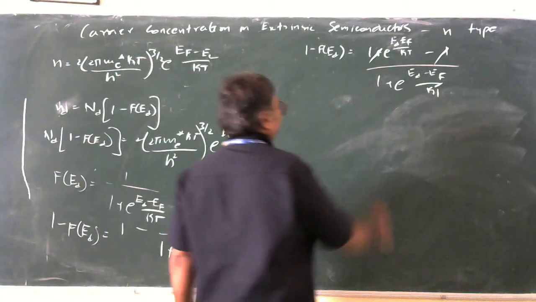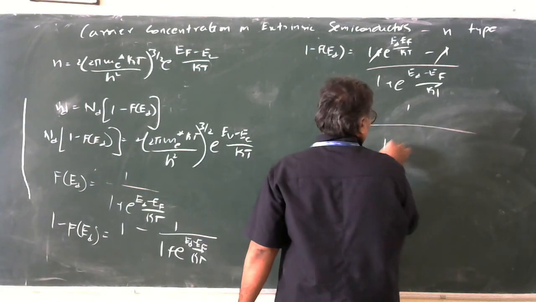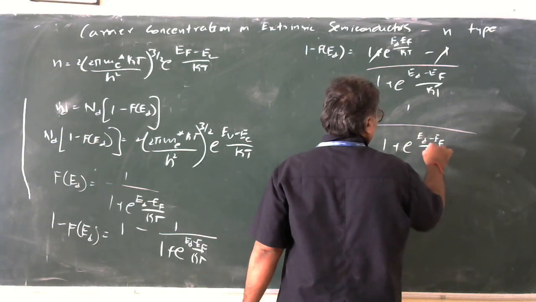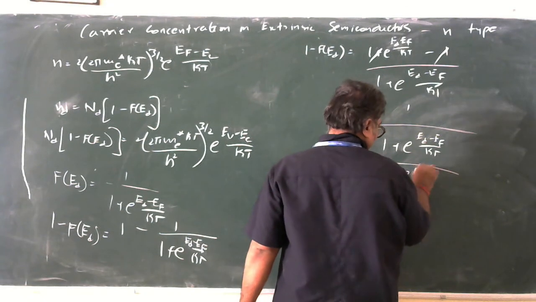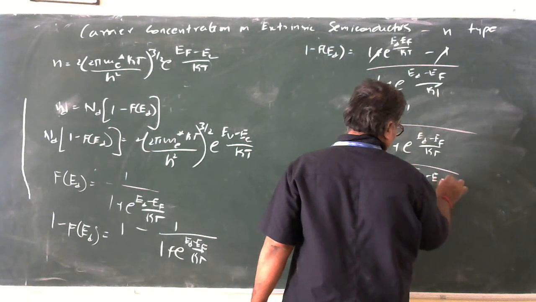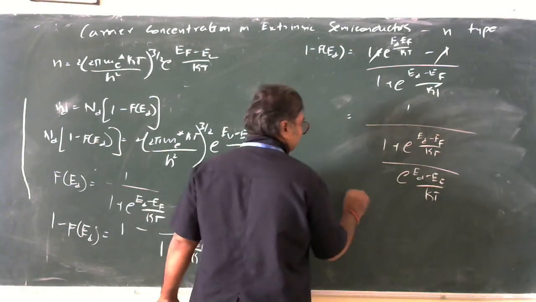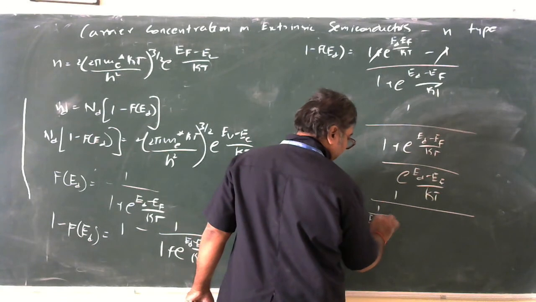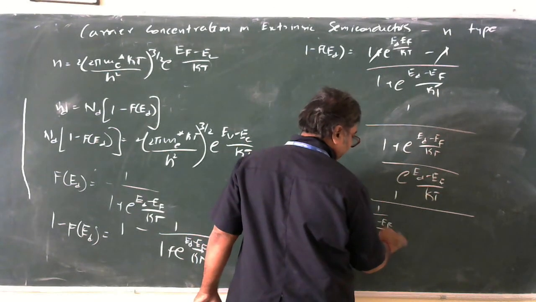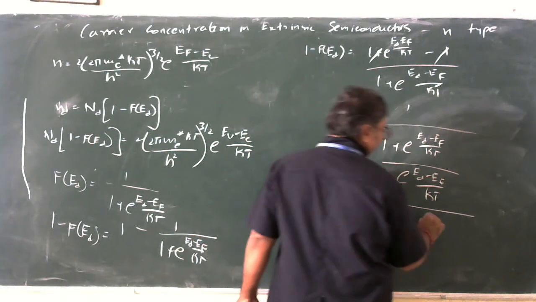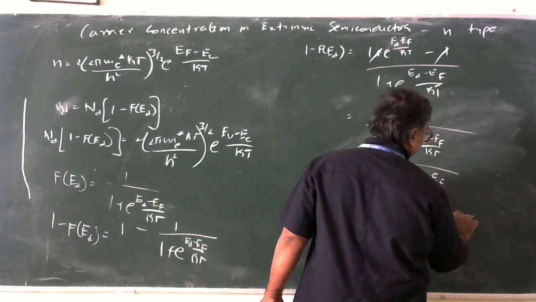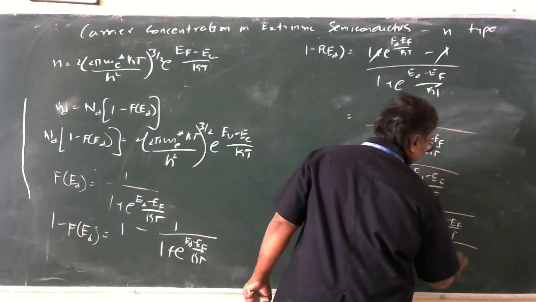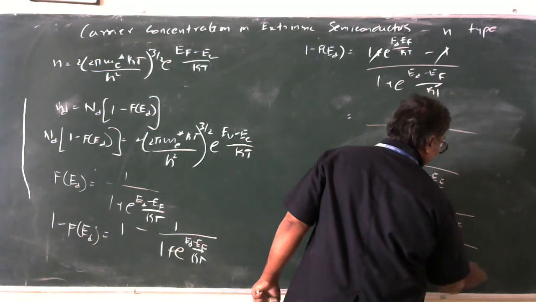So this becomes exponential of (Ed minus Ef) by kT divided by 1 plus exponential of (Ed minus Ef) by kT. Dividing through, it becomes 1 by exponential of minus (Ed minus Ef) by kT plus 1. Neglecting this 1 and taking the term to the numerator, 1 minus f of Ed becomes exponential of (Ed minus Ef) by kT.